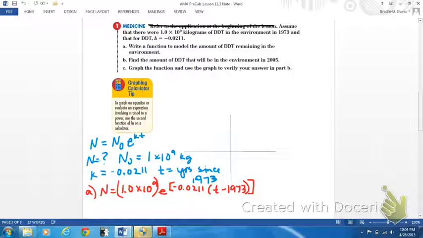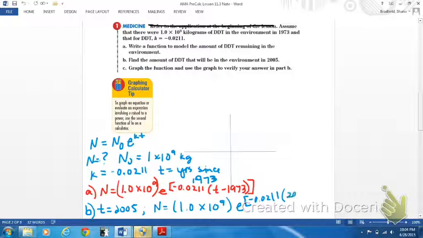And then for b, we want to say, well, what is it going to be in 2005? So that's where we want to let t equal 2005, and we're going to substitute that into our equation. So it'd be 2005 minus 1973.